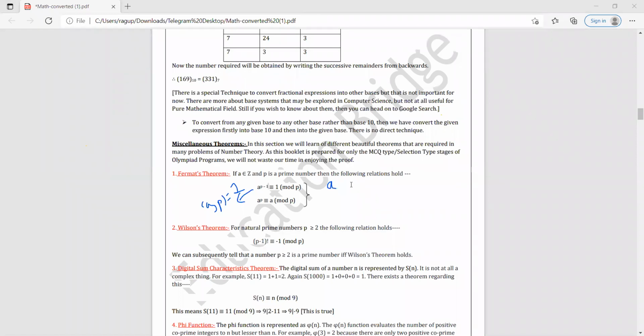So let's start. Let's say our number is a, and for some prime p there will be some remainder r1 mod p. We don't know the remainder.